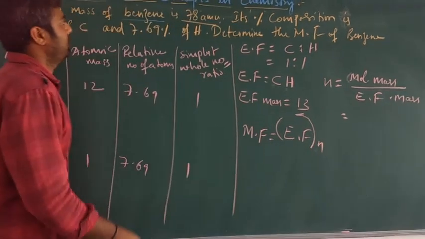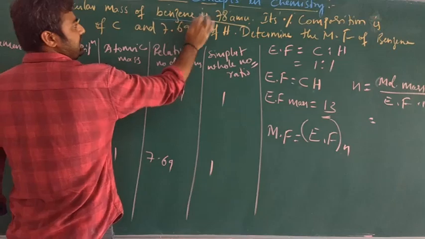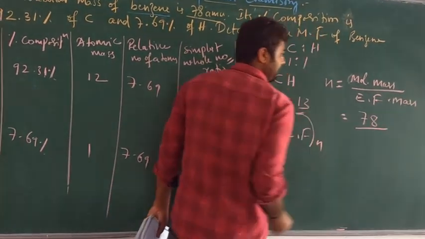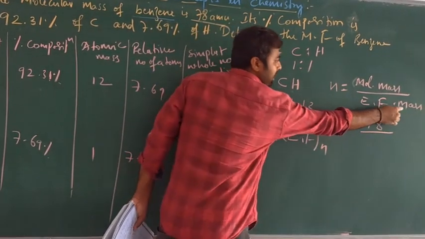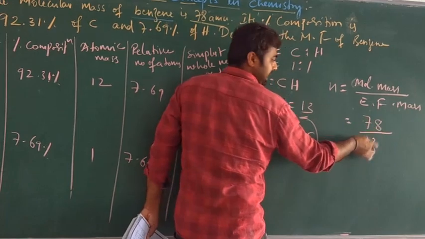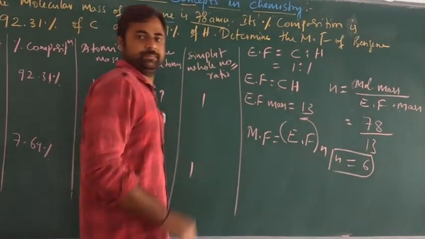We know that they have given the molecular mass of benzene as 78 AMU, right? 78 divided by the empirical formula mass, which is 13. So 78 by 13 equals n. The n value equals 6.